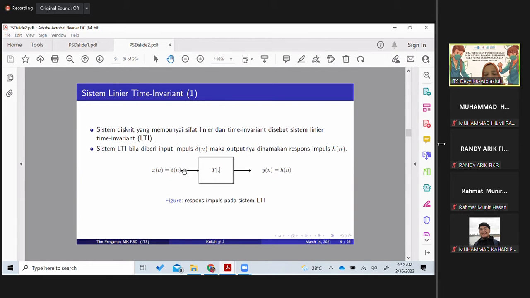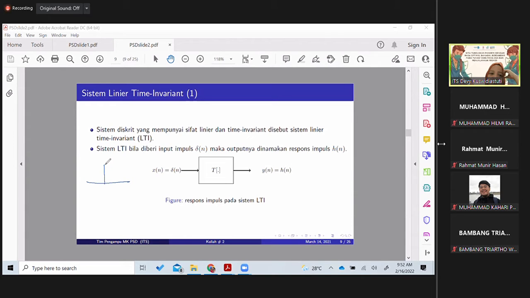Last week you already learned what a unit impulse signal is. It is the simplest kind of signal. Do you remember? What is a unit impulse?